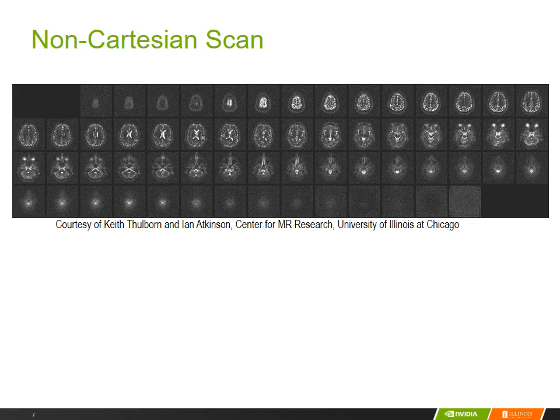For example, during a stroke, if we monitor the sodium map development, we can see which part of the brain is going to have cell death due to the stroke. And this allows us to pick the right kind of treatment in a stroke process.